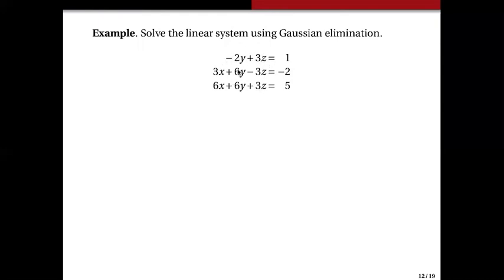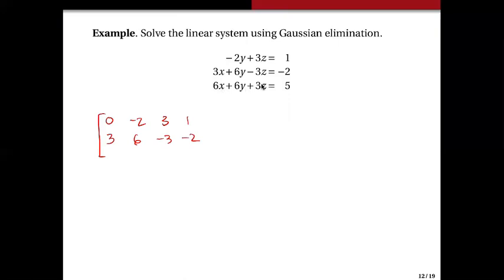First, we write the augmented matrix for this linear system. There is no x here, meaning it must be 0. Then here you have negative 2, then 3, and then 1. Here you have 3, 6, negative 3, negative 2.